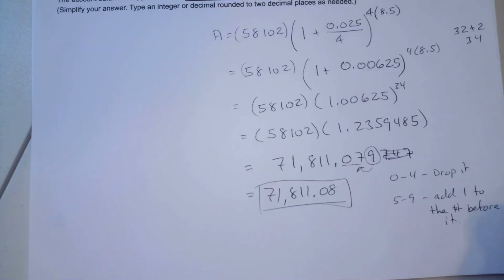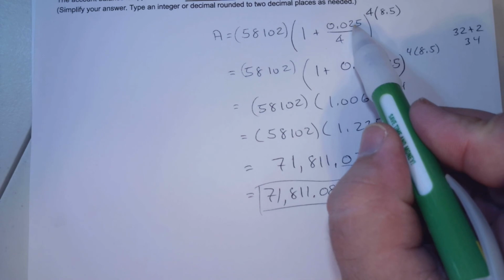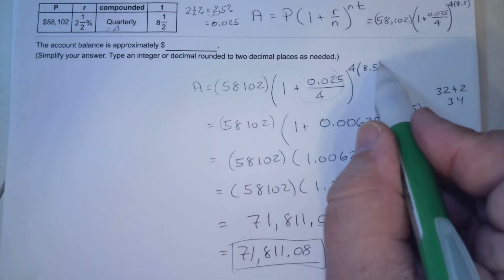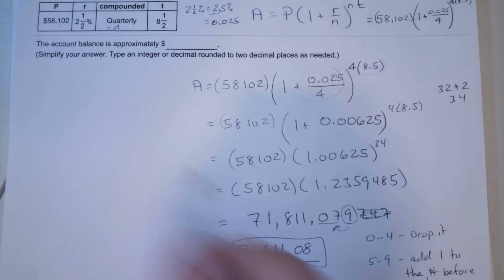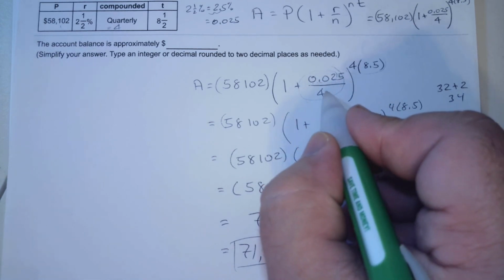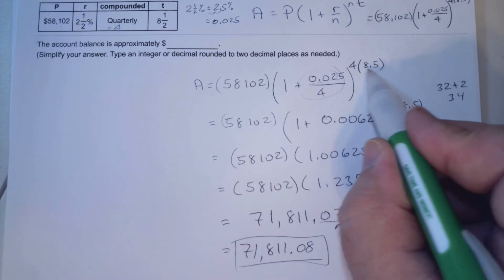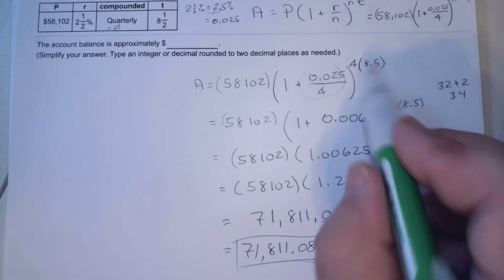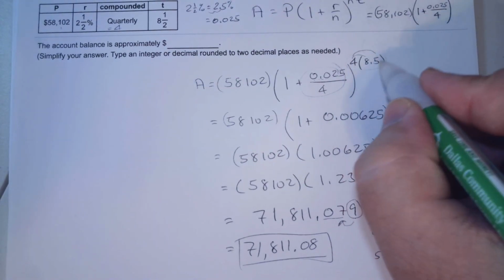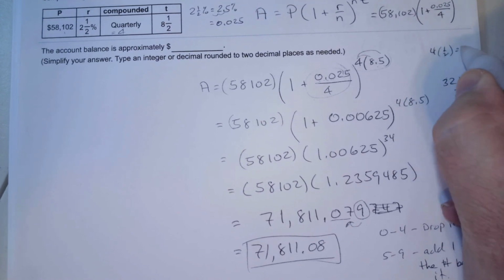Right. Hope that helped. So again, if you don't have a calculator, you can do it piece by piece. Use your cell phone. First, do all these small numbers first here. So we have that 0.025 divided by 4. We get that. We could do 4 times 8.5. 4 times 8 is 32, and 4 times a half is 2.